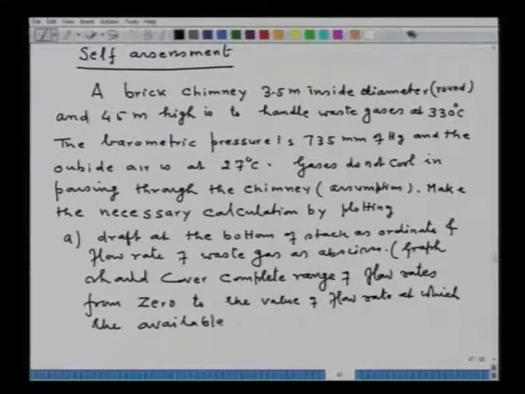That is, you have to cover the entire range.